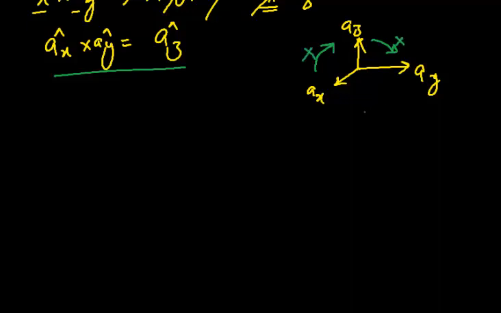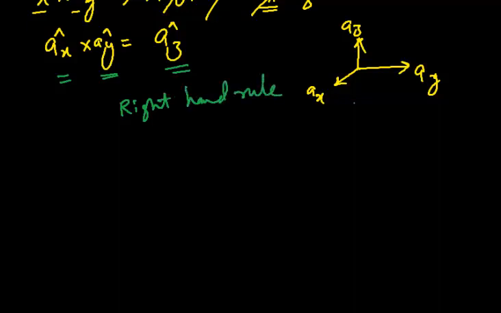Since the direction of the cross product of two unit vectors is determined with the right hand rule, ax into ay in the right direction is going to give you the third one, which is az. Az into ax is going to give you ay, and you go on.